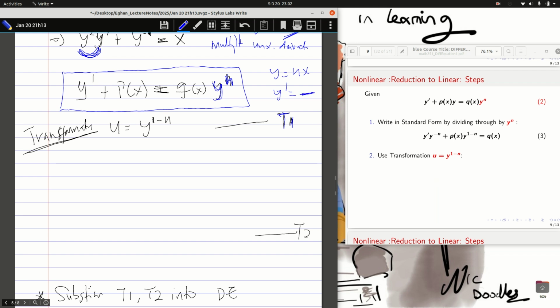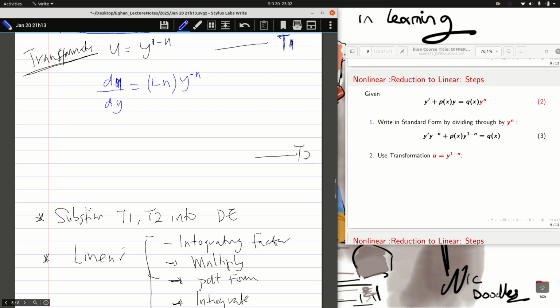So in the same way, if I'm given this transformation, I have to differentiate it. This is the same as du being equated to the derivative. If you remember your differentiation very well, I have 1 minus n times y to the power of 1 minus n, that will give negative n by the power rule.